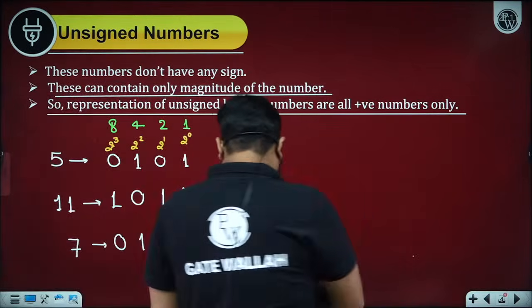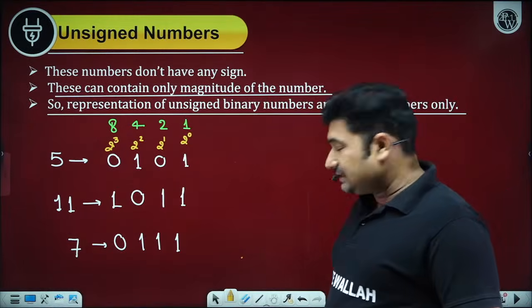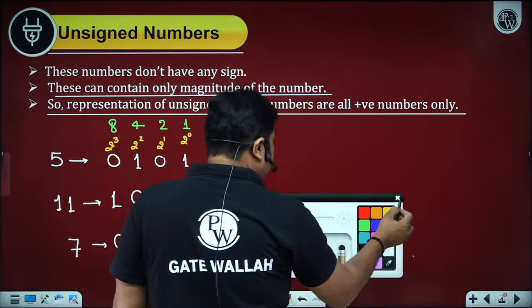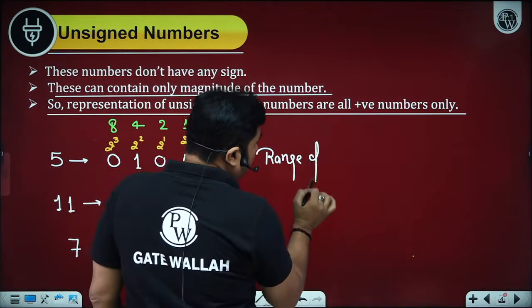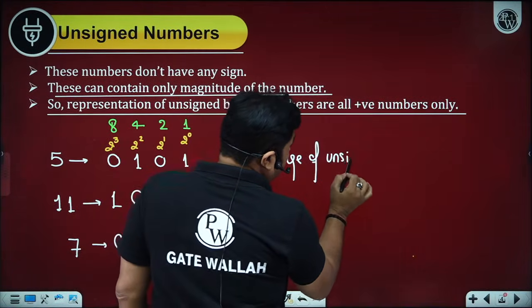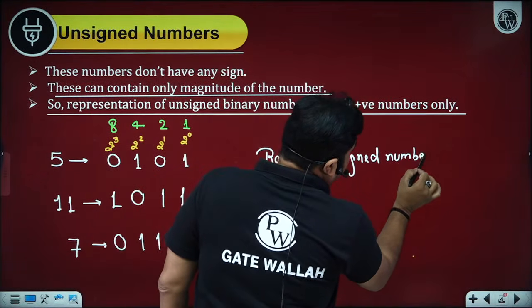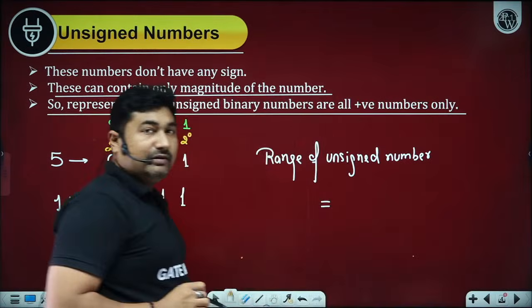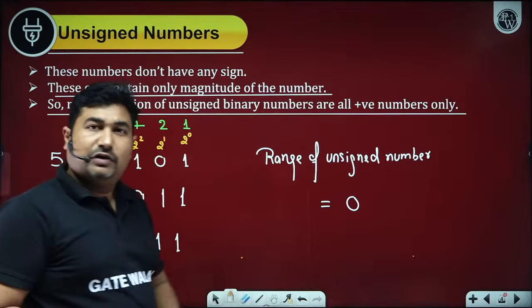Great, sir. Can you tell me what is the range of an unsigned number? If we talk about the range of an unsigned number, then what is the least number that you can represent? Sir, 0 for any number of bits.